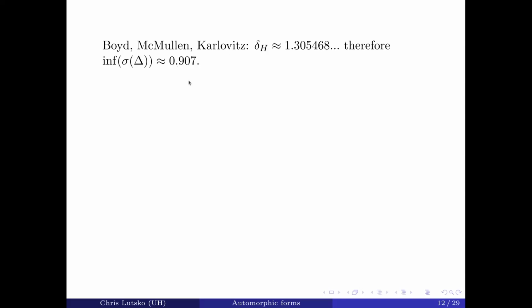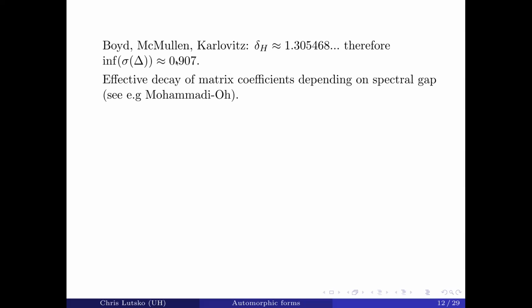So now we know exactly where the bottom of the spectrum of the Laplacian for this L2 space is. Not only can we quantify the decay of matrix coefficients, we can actually make that effective, where the rate of decay depends on the spectral gap, so the distance between 0.907 and whatever comes next.